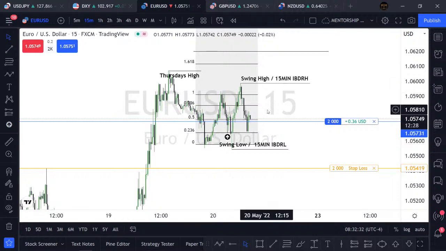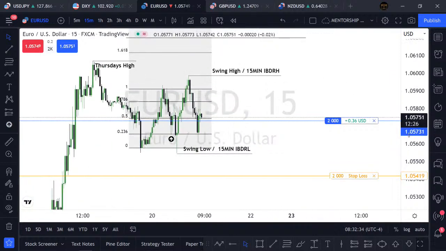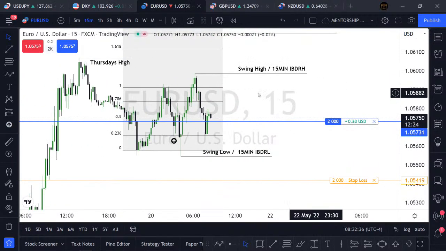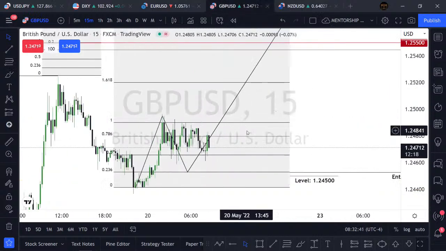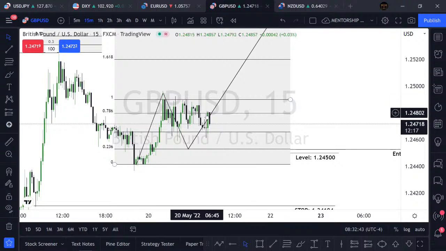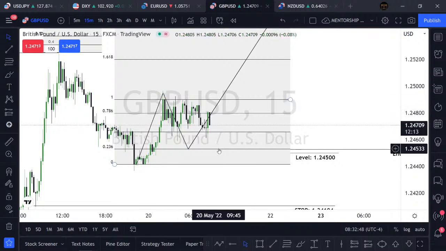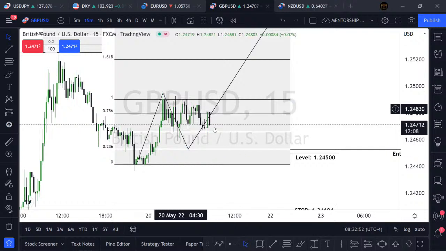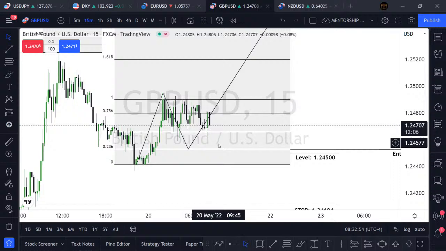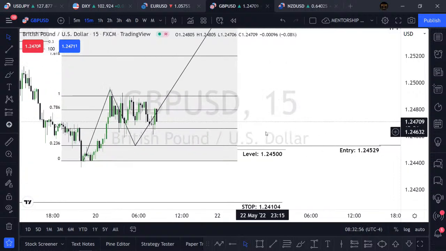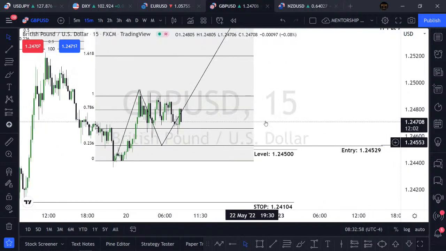Do not risk your live funds if you're not sure, because sometimes Fridays are crazy. Okay, I want to see this candle come to this level here between this time and 11 o'clock in the morning New York time. I want to see it come to my entry point here.